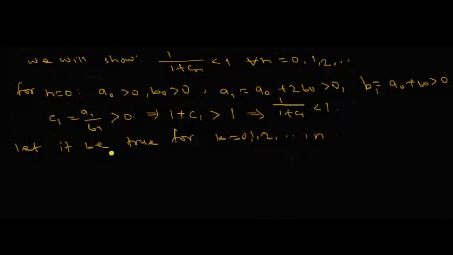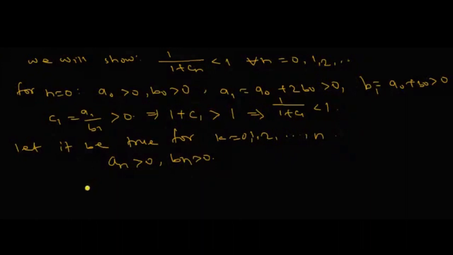So an will be greater than 0, bn greater than 0. This can be observed by induction hypothesis.